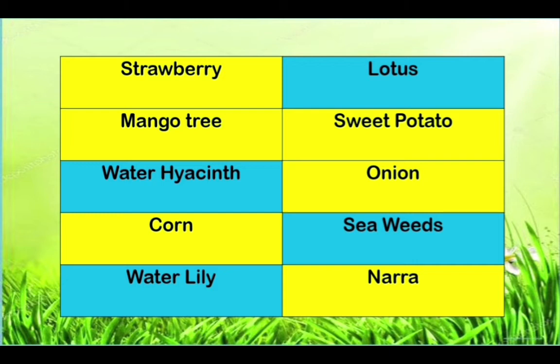You got it correct. And these are the aquatic plants and you color them with blue: water hyacinth, water lily, lotus, and the seaweeds. You're absolutely correct for all your answers.